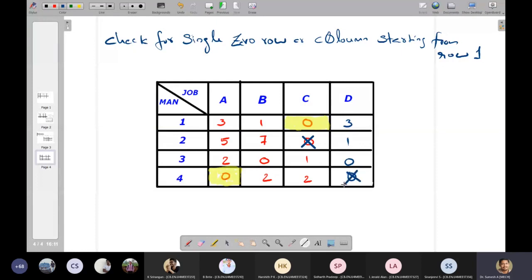What about the next column, column B? Column B also has one zero, so I have to give the assignment. When I give the assignment, this zero also becomes cancelled. Now are any zeros left out?